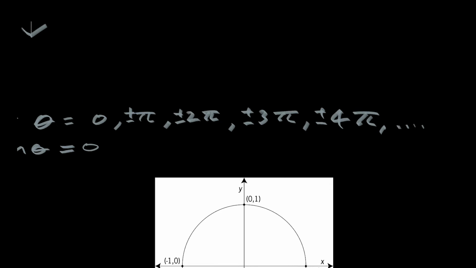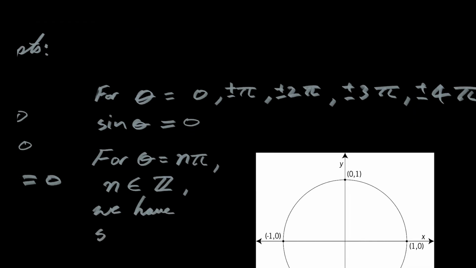So for any arbitrary integer, let's call it n, for theta equals n pi, where n is in the set of integers, we have sine of theta equals 0.